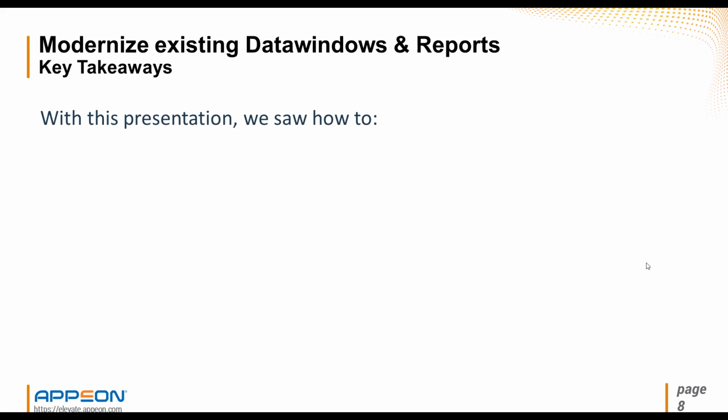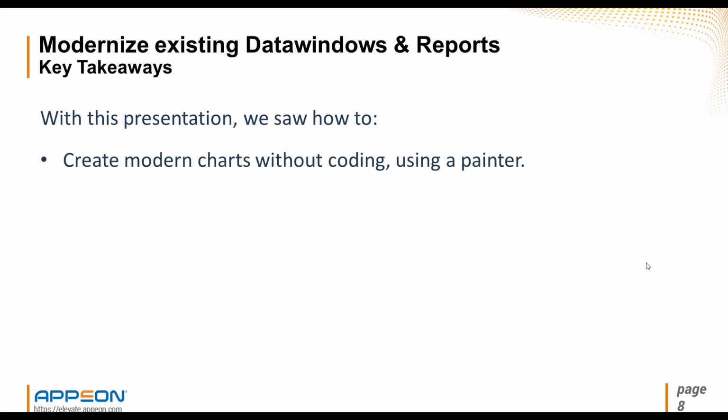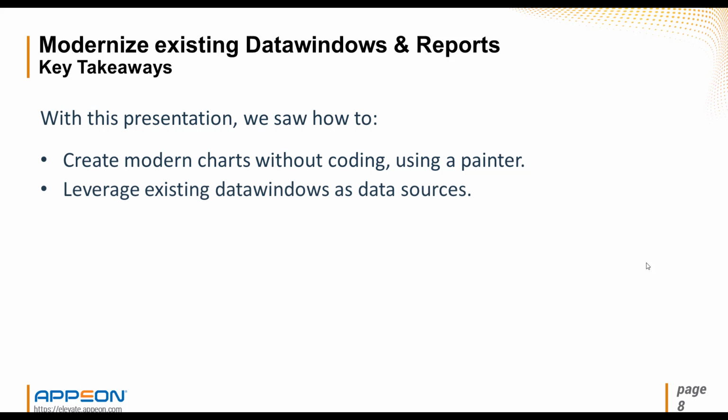So we're almost done with our presentation. So what are the key takeaways? First of all, with this presentation, we saw how to create modern chart without coding using the dedicated painter that we saw before.